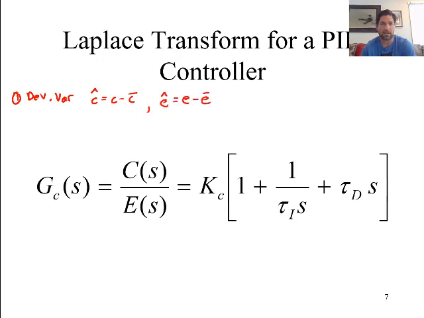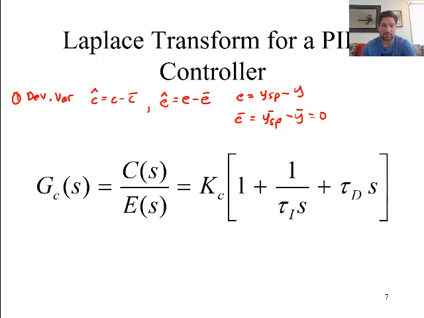So we do this for our output. Again, for the controller, the error is the input, the controller value is the output. We also know that E equals Y specified minus Y. We can define E bar to be Y specified bar minus Y bar.